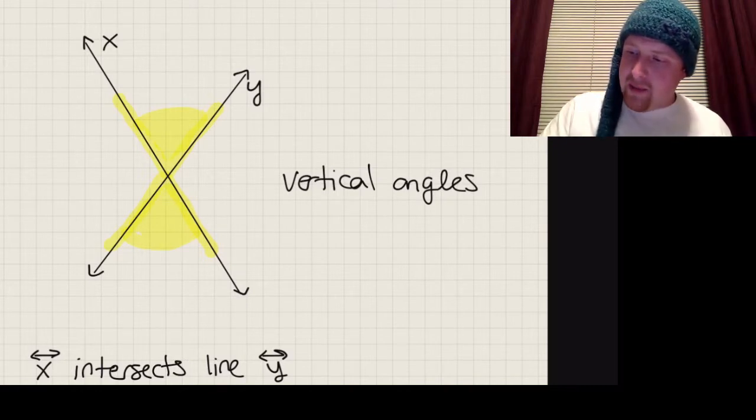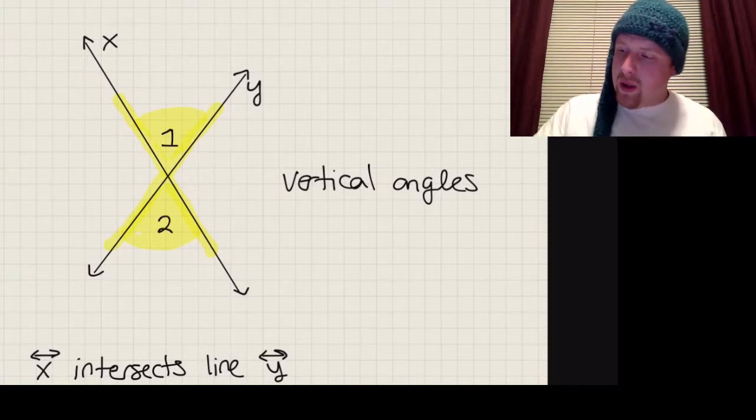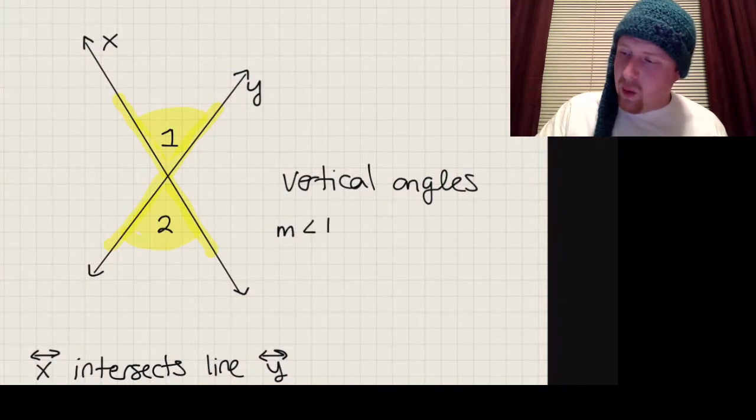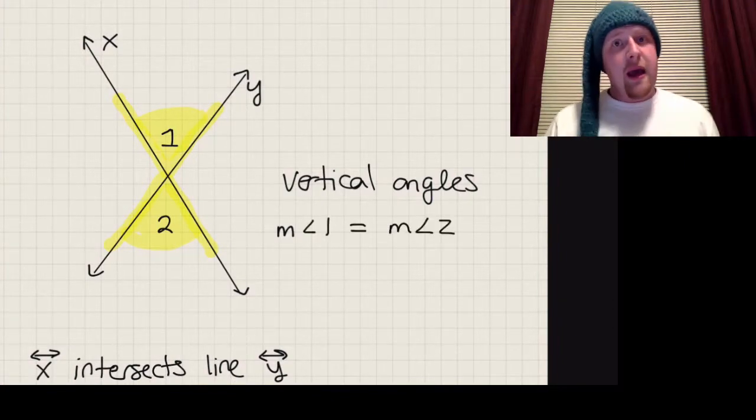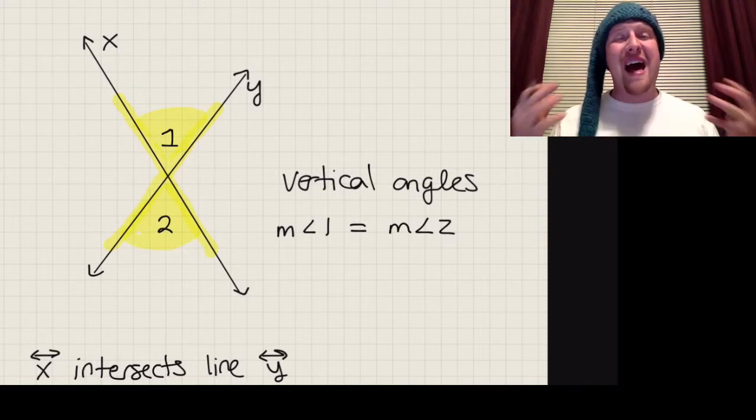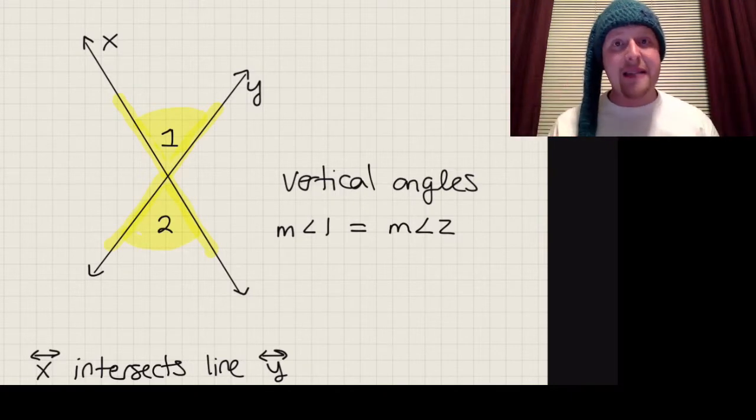So if I were to give these names 1 and 2, we would say that the measurement of angle 1 is equal to the measurement of angle 2. And when you have two angles that have the same exact measurement, they are called congruent.